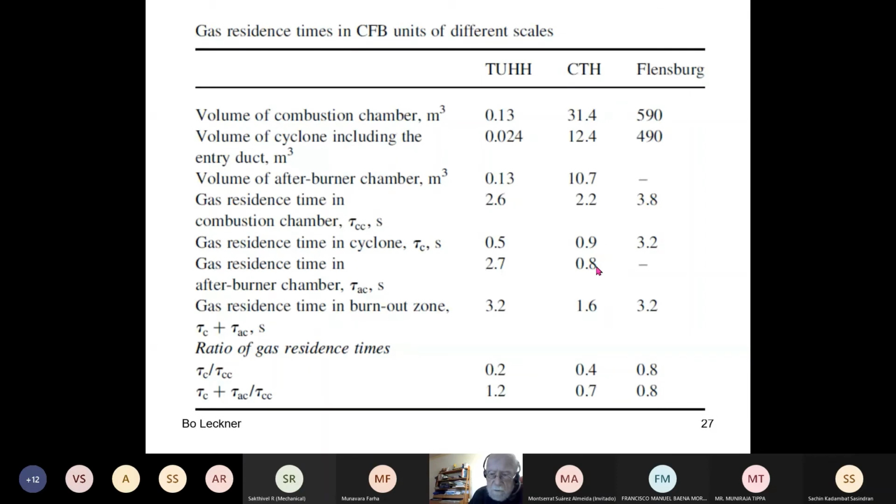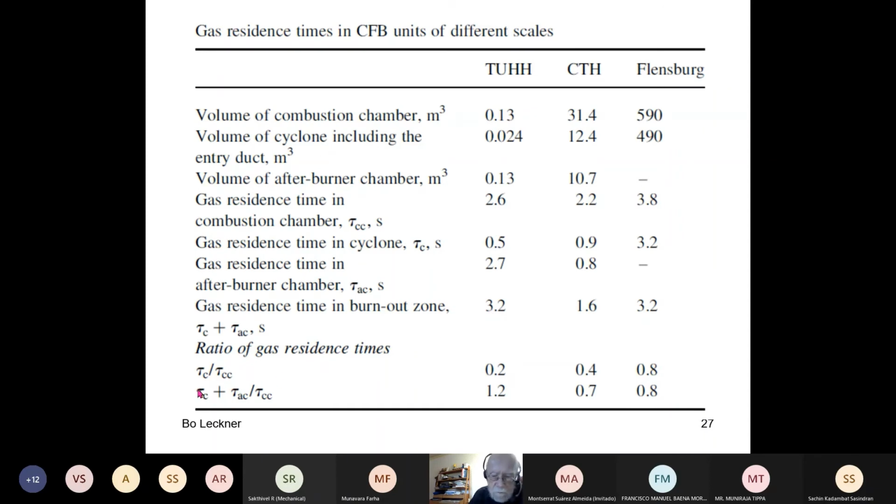What we did then was add these to the cyclone and the afterburner chamber, and we said that they were at least in the same order of magnitude as in the cyclone of the boiler. So these two together were about the same as in the boiler. Then we had fulfilled, or at least approached, some kind of similarity here.